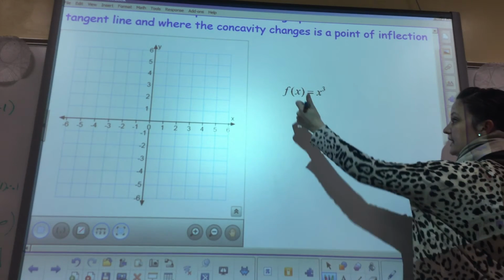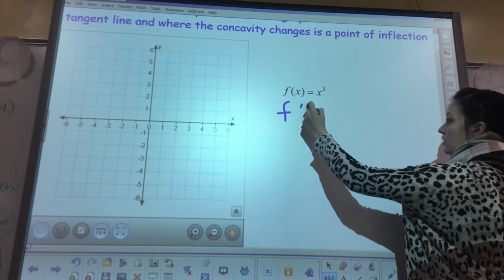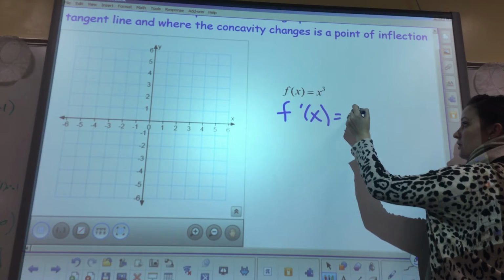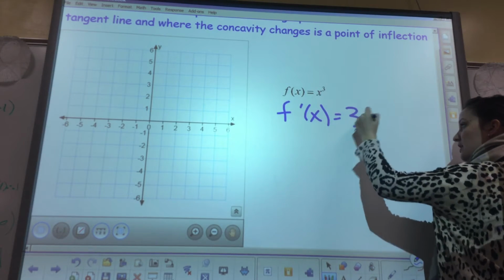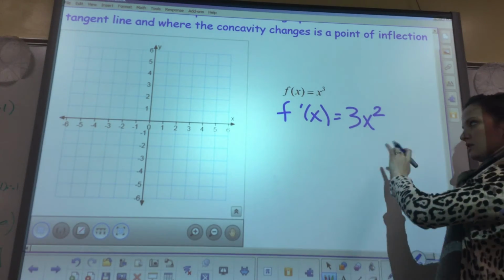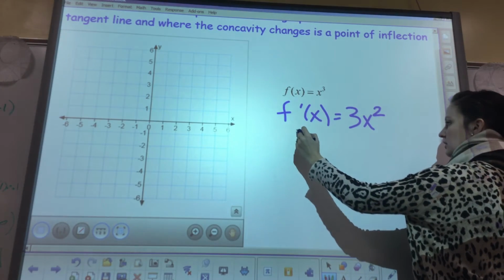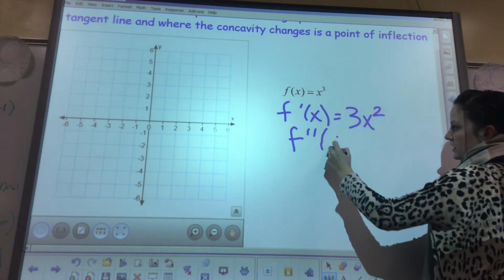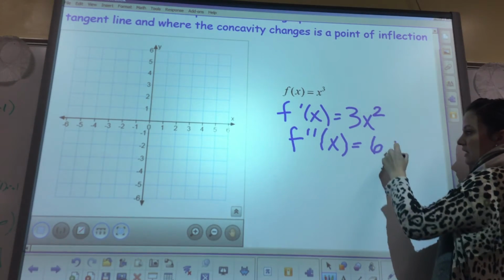So we'll look at a quick example. f prime is going to be 3x squared. No plus c because there's no constant. I'm going to skip just to see the point of inflection. The second derivative of this is going to be 6x.